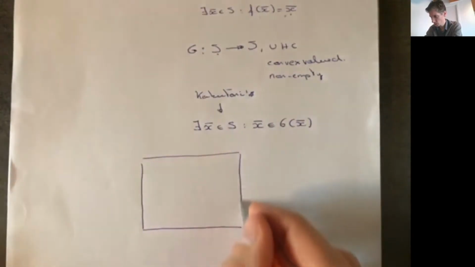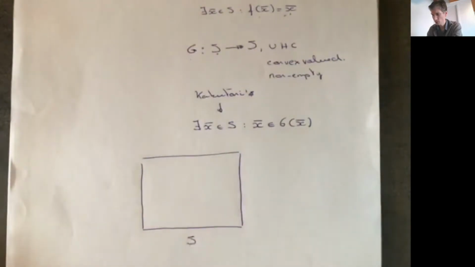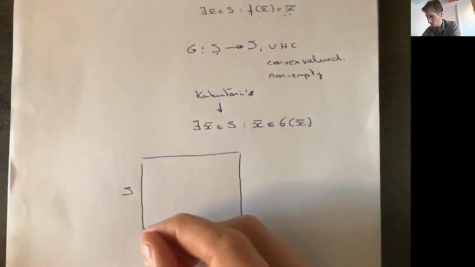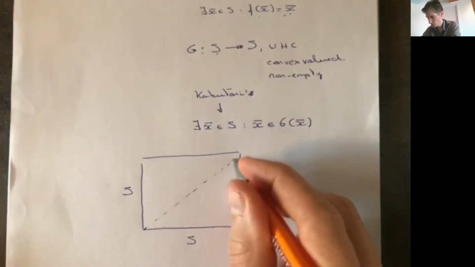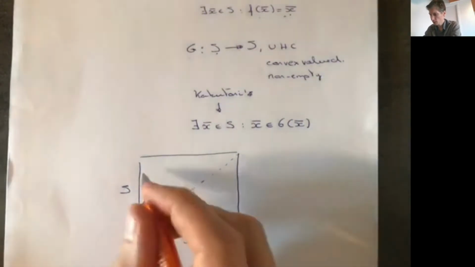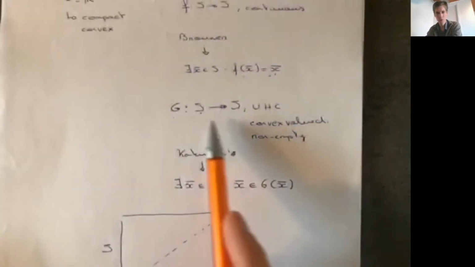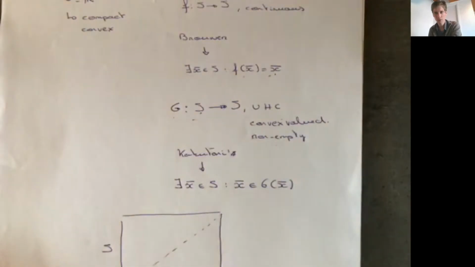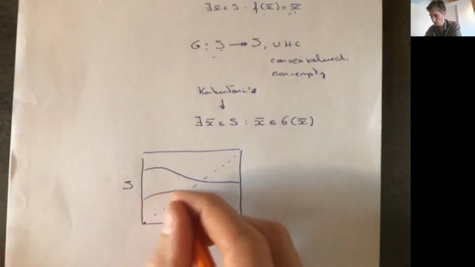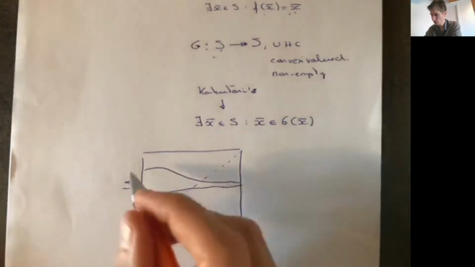So if I draw this here, in two dimensions, here we have the set S and it maps to the set S. We're looking for fixed points, which means that we're looking for points on this 45-degree line. And now I have an upper hemicontinuous correspondence that's non-empty and convex valued. So for example, something like this.